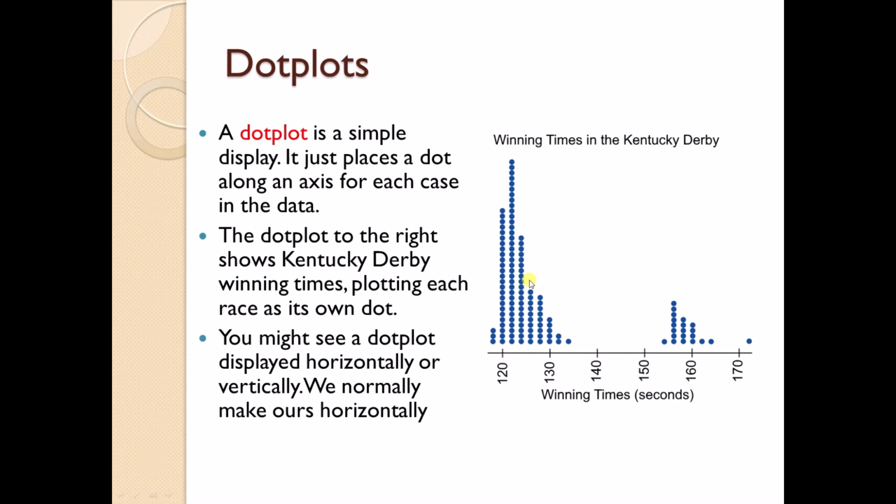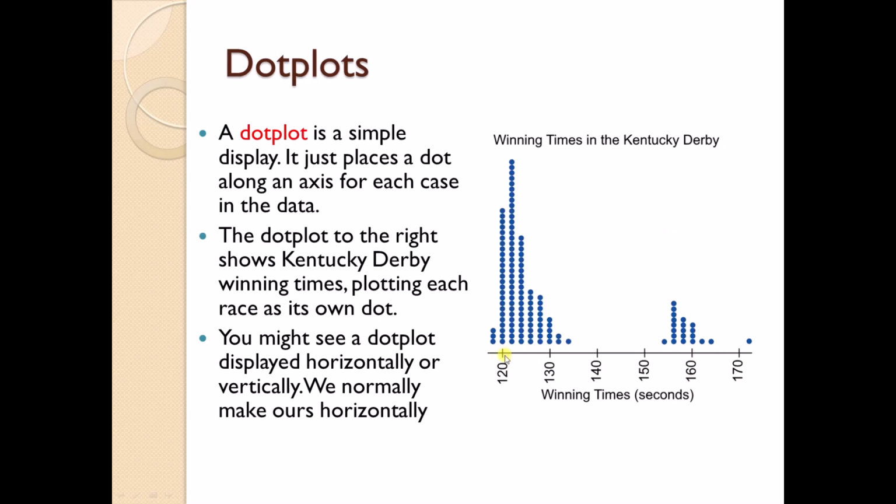All right, so here are the Kentucky Derby winning times. This may be a little bit more data than we want. I think I looked it up, it's between 1875 and 2011. You find your lowest value, start your axis either there or just a little below, and end it at your highest value, and put a decent scale on here. Put a label, a title, and just start piling up the values.